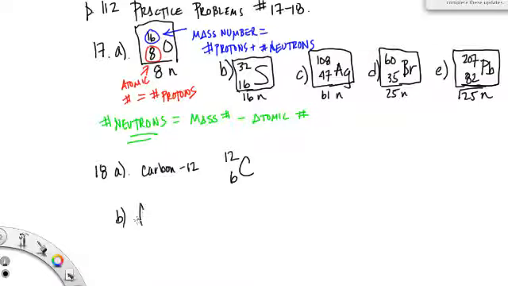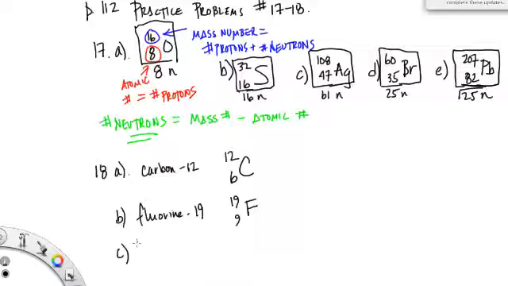In letter B, fluorine 19 is what we're looking at. The chemical symbol for fluorine is F. Its mass number is 19. Its atomic number from the periodic table is 9. So there's our chemical shorthand for fluorine 19.